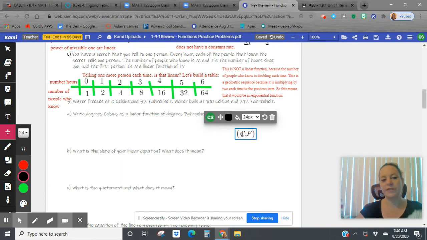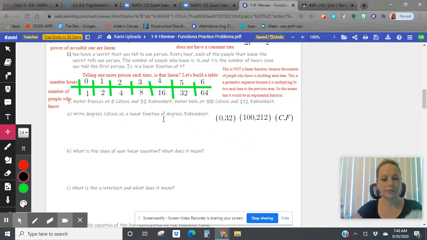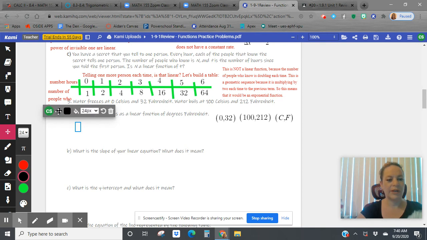So my function of Celsius, x. But this wants write degrees Celsius as a linear function of degrees Fahrenheit. So here we go. So Celsius, first I need the slope formula in order to calculate the slope for this.